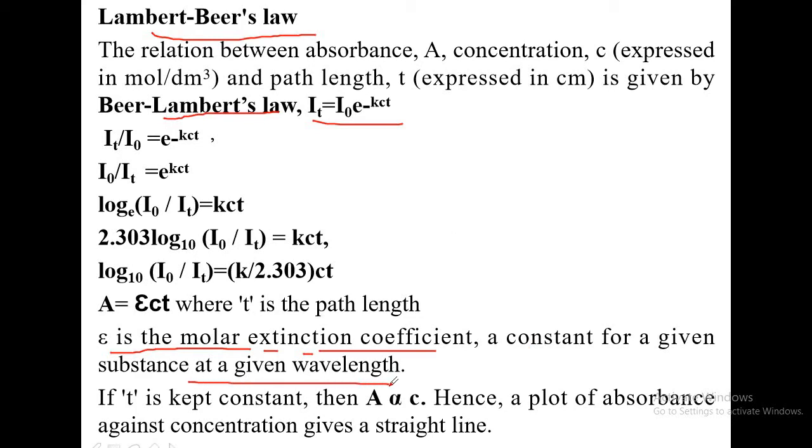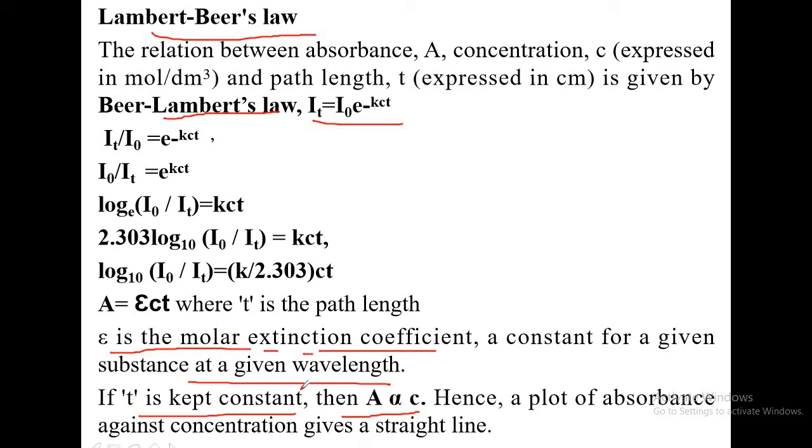If t, the path length, is kept constant, then A is proportional to c, because epsilon is anyhow a constant. Hence a plot of absorbance against concentration should give a straight line.